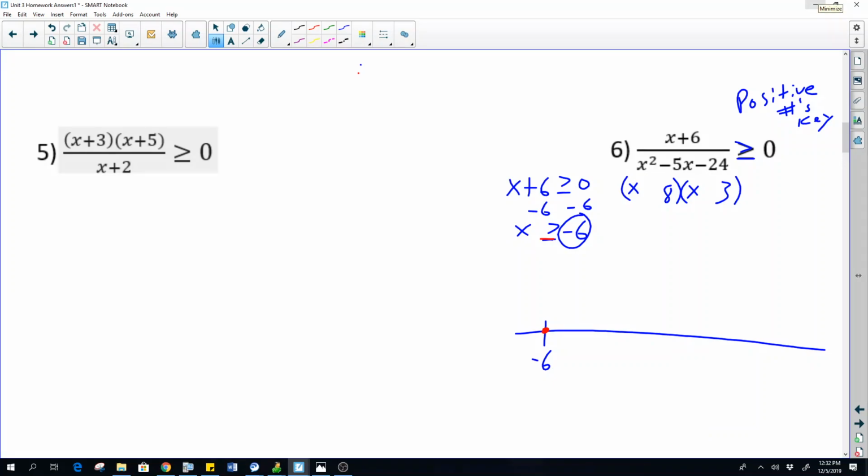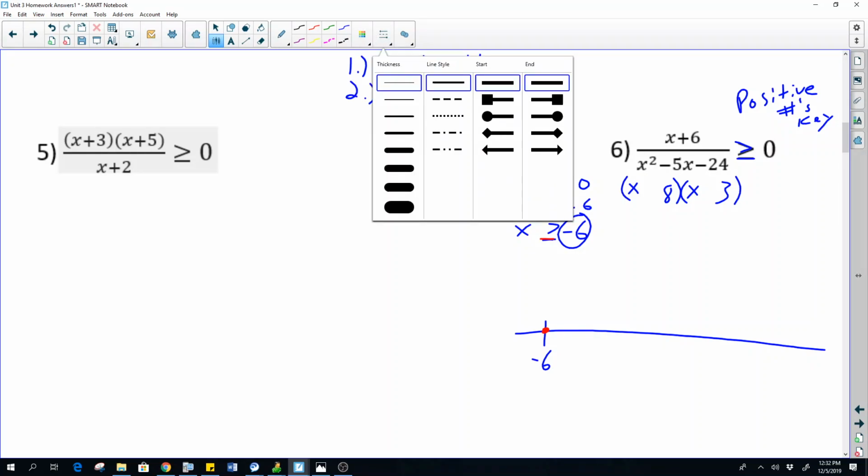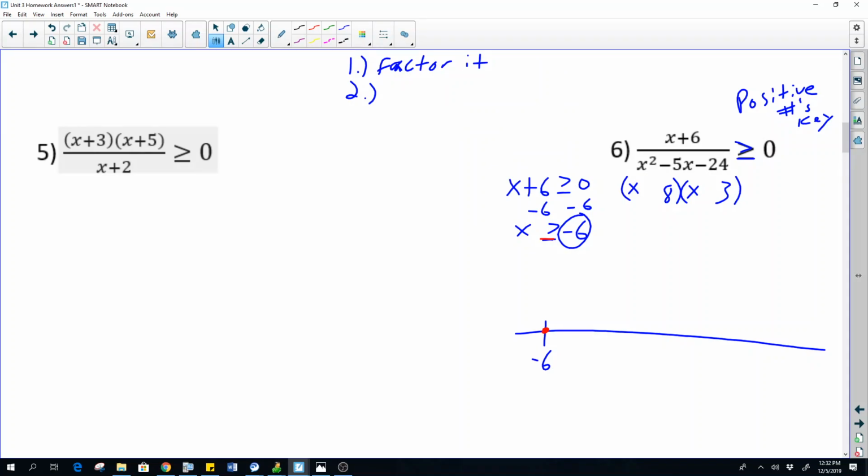He reminded me about probably writing some steps for you people at home to make sure you guys are getting this right. So he said, Merkley's rules, steps. Step number 1 is to factor it if any factoring needs to be involved.